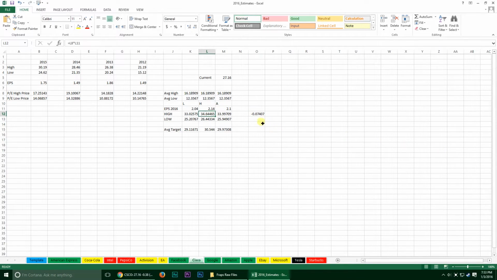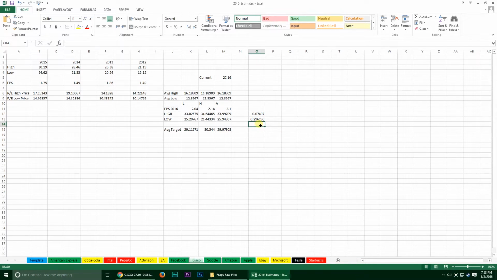So if we expect Cisco to have a great year, we will do equals parentheses 35 minus 27, which is what we purchased it at, divided by 27, which is about a 30% gain.